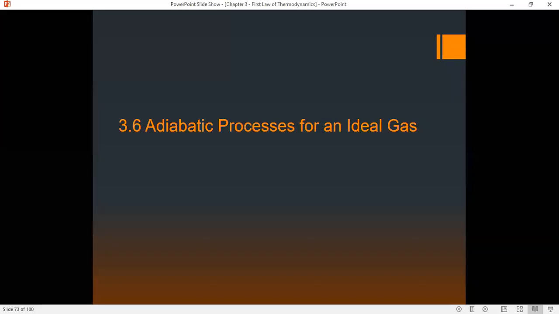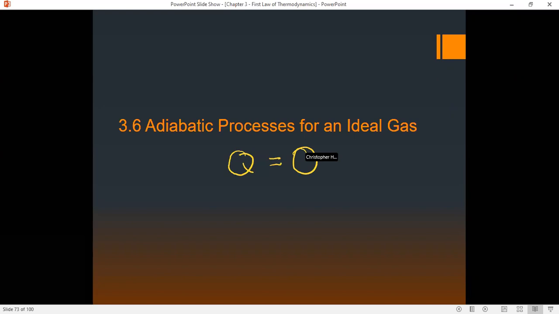On to adiabatic processes. We didn't do adiabatic processes until the very end, because an adiabatic process is one where the heat going in or out of the system is zero.